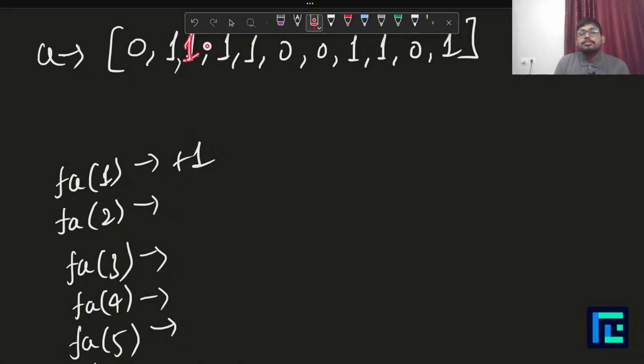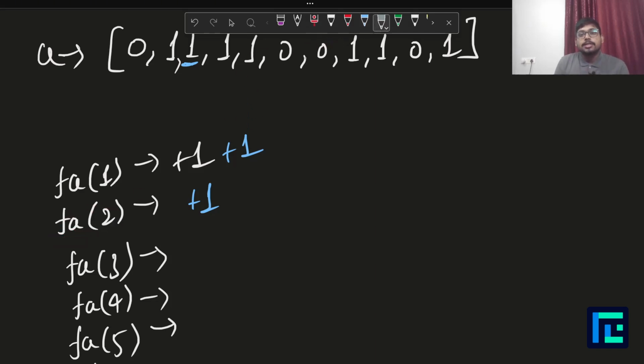Next you move to the next one. Then you would say that this one again would contribute. Then when you move to the next one, this one individually would contribute to a subarray of size 1, so plus 1 there, and these two ones together would contribute to a subarray of size 2, so a plus 1 in fa of 2 as well.